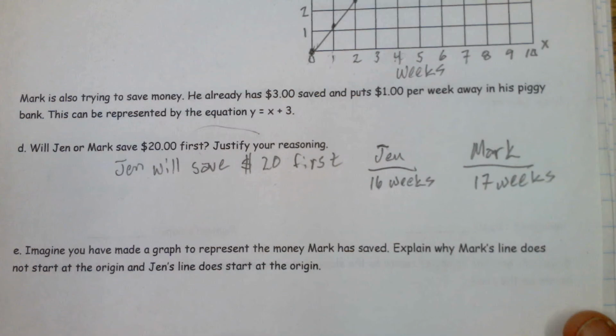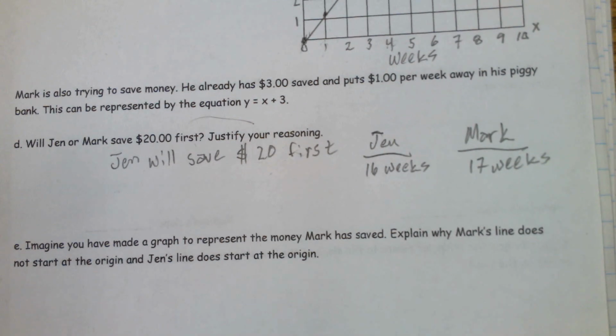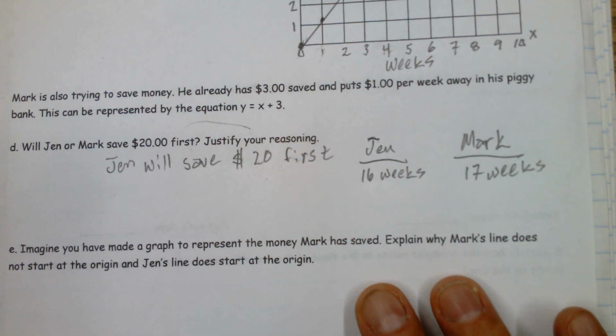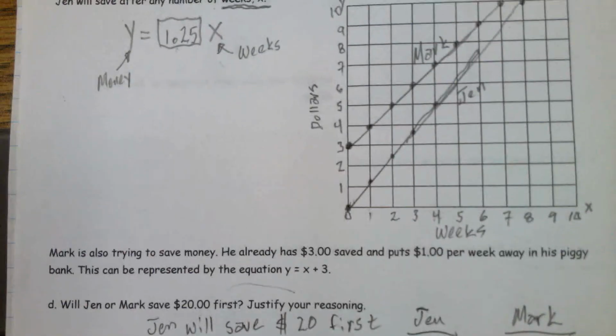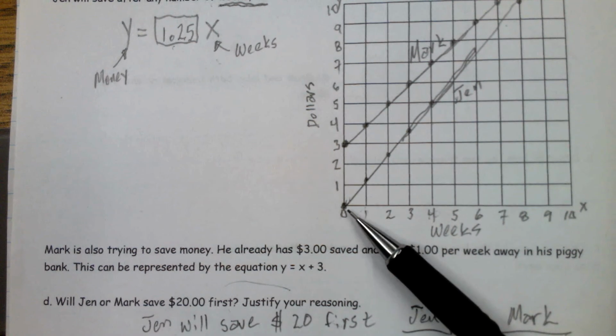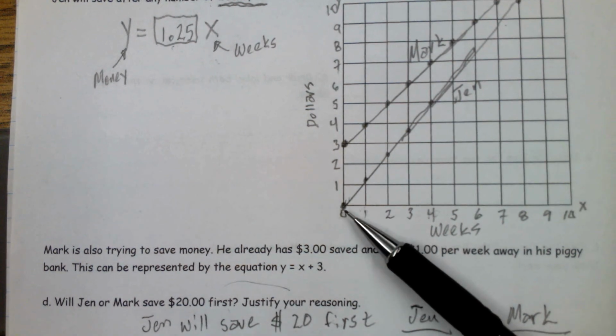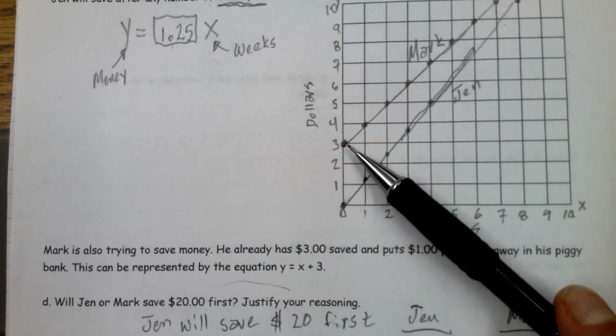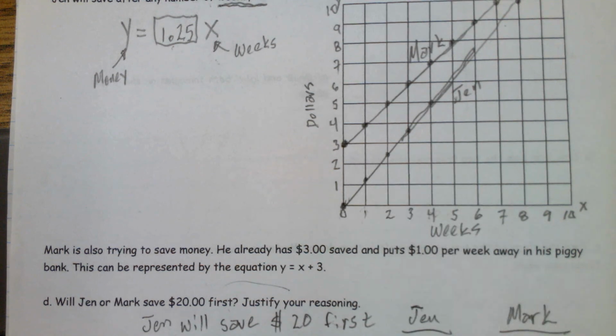This next part, if you look at the graph carefully, you can answer it. Imagine you have made a graph to represent the money Mark has saved. Explain why Mark's line does not start at the origin and Jen's line does start at the origin. So they're asking us, why is Jen's line starting here and Mark's line starting at 3?